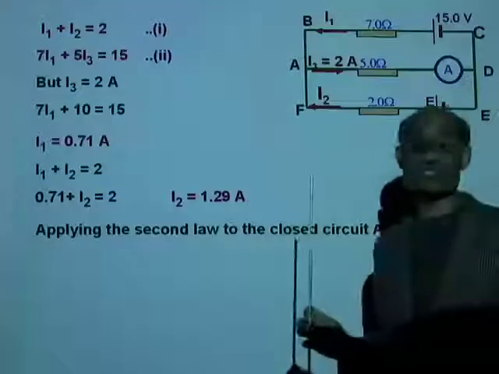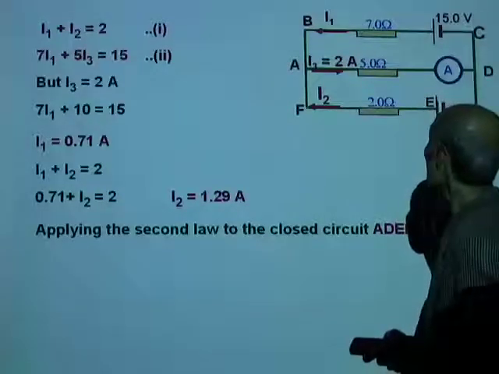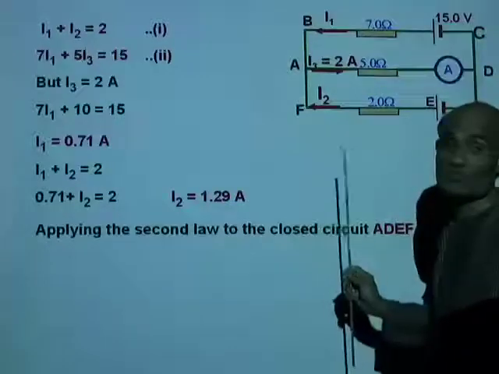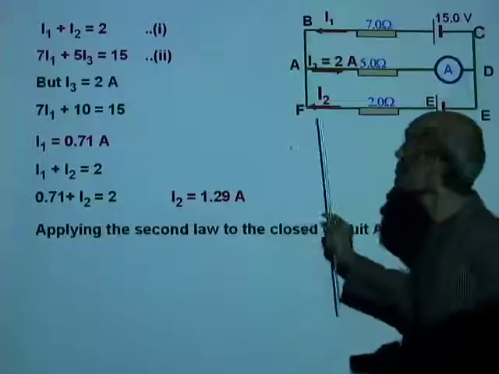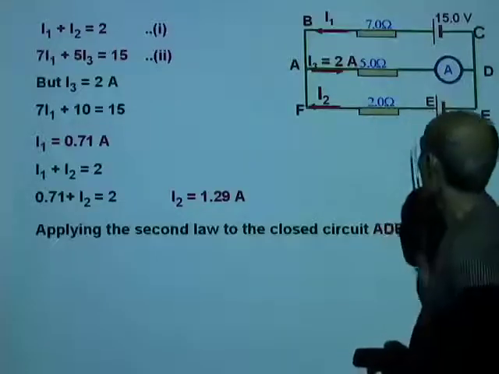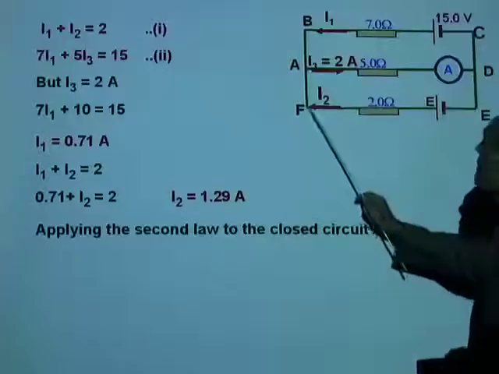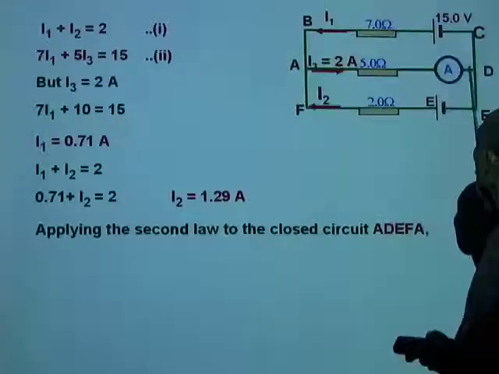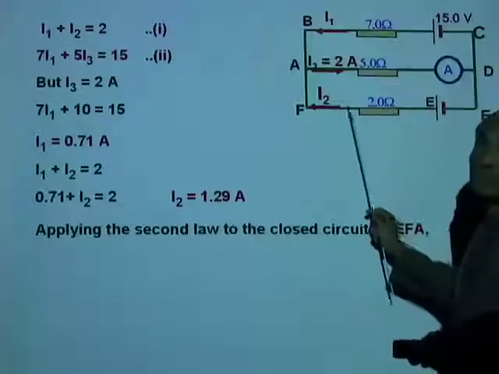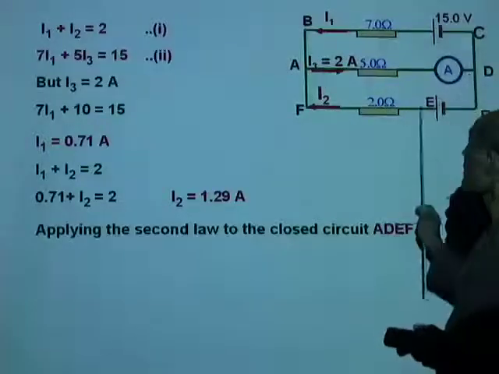Well, we haven't finished, have we? No, we need to find the EMF E of this cell. So that can be obtained by applying the law to this closed loop. What is the one? ADEFA. Now look at the way I have taken the loop this time. This time I have taken the loop in the clockwise direction.